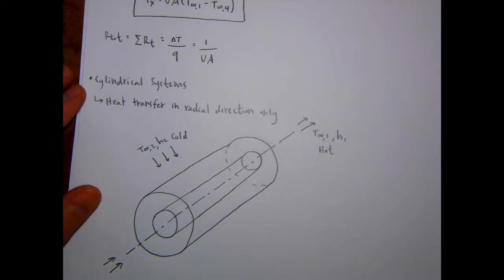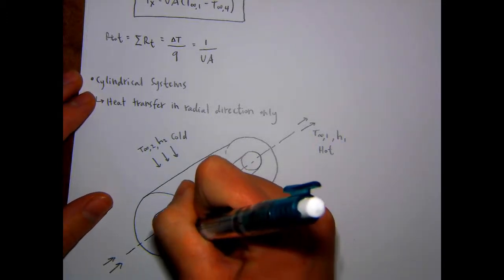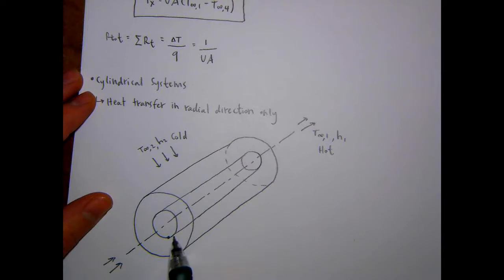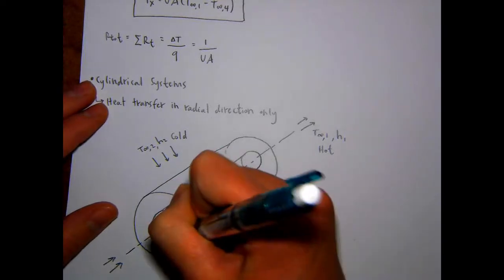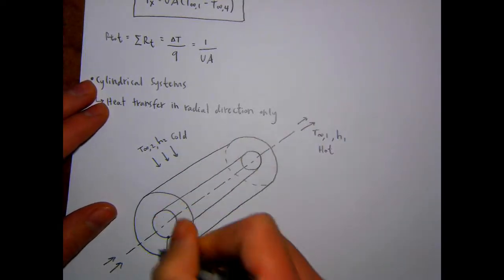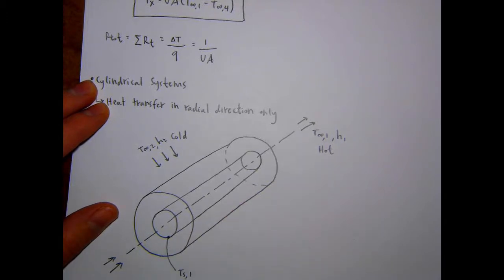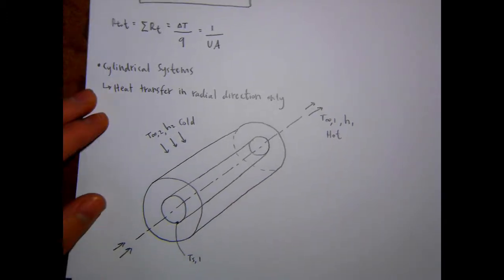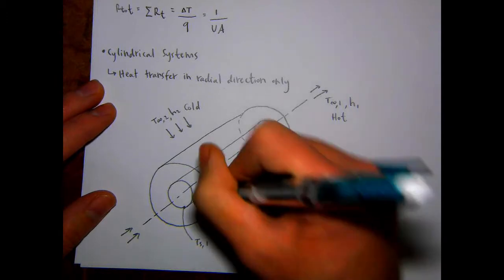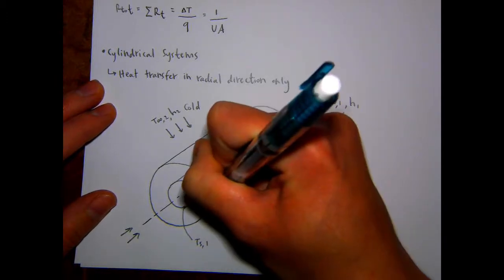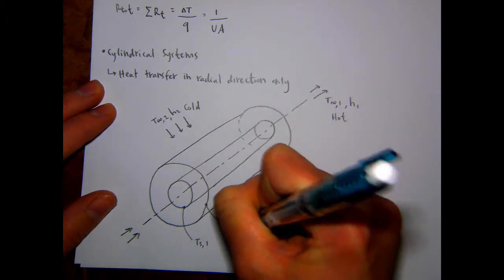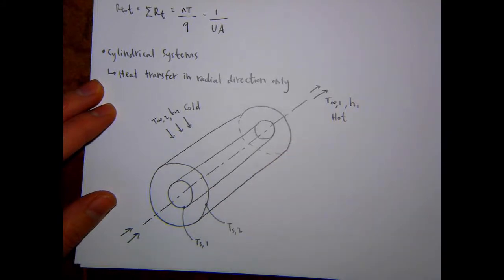And then we're going to have some temperature at each of the surfaces. So the inner surface where the hot water is flowing through and the outer surface where the cold is flowing over. So at the inner surface, this is going to be TS1, and the outer surface here, TS2.